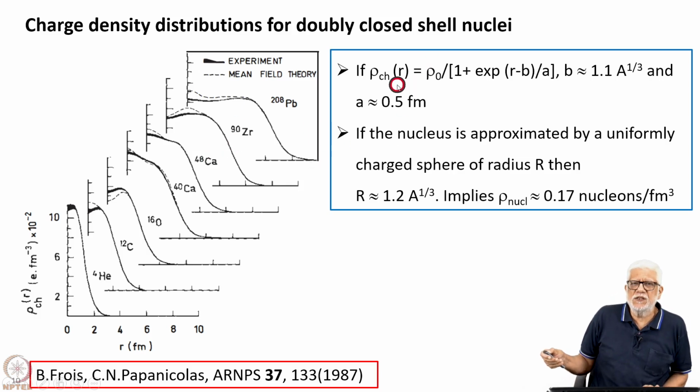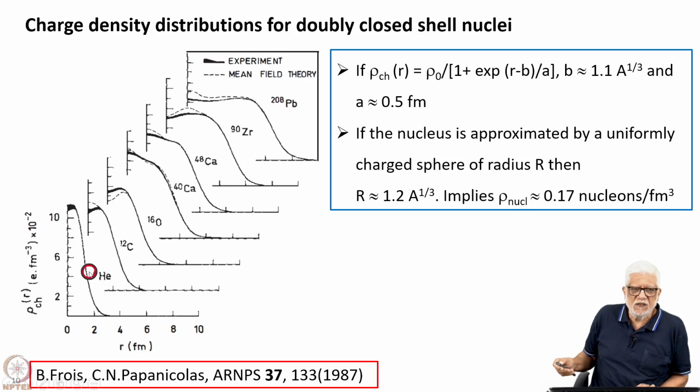Okay, so the charge density distribution rho of r can be parameterized in the form rho 0 divided by 1 plus exponential of r minus b divided by a. So, this is the so-called Fermi form factor, and the inference from these measurements is that the value for b is about 1.1 times A to the 1/3.